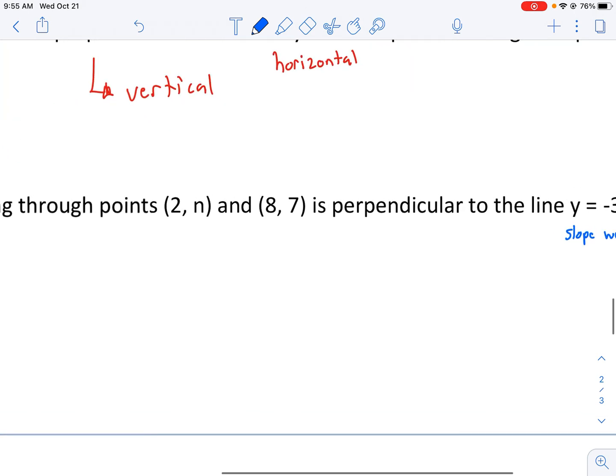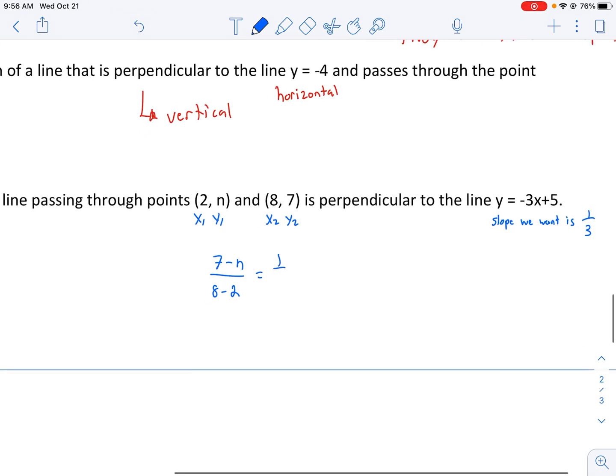Let's set up a formula for slope: x1, y1, x2, y2. So 7 minus n over 8 minus 2, and we want that to equal 1/3.